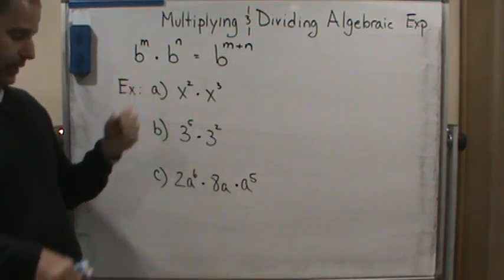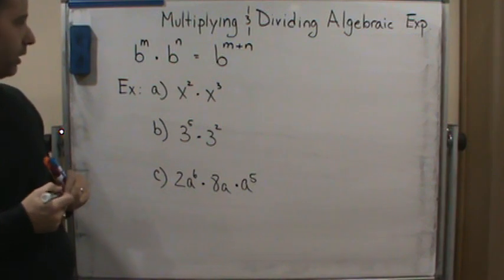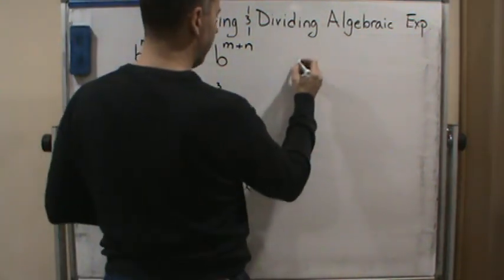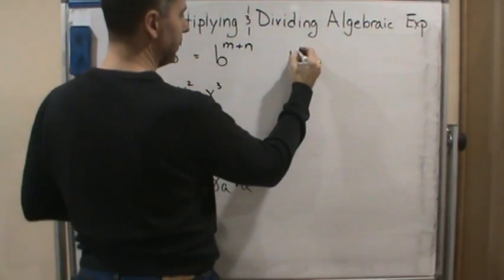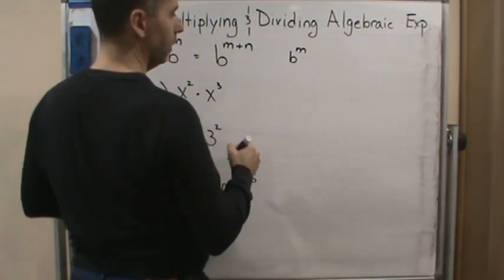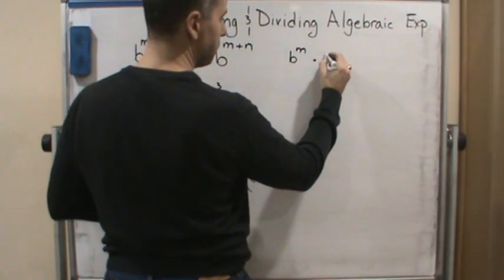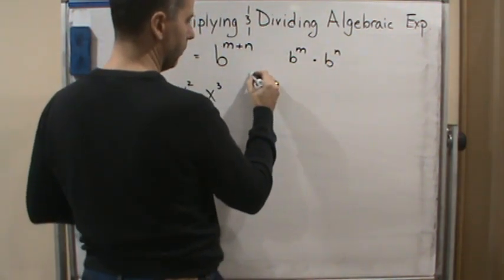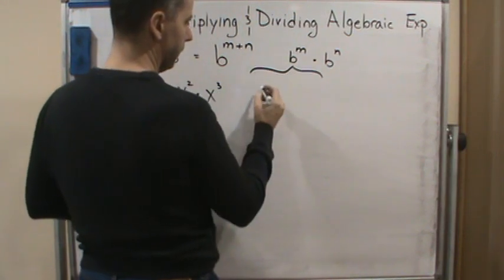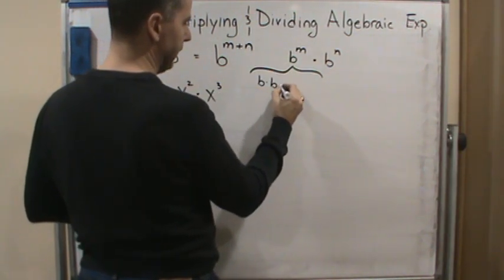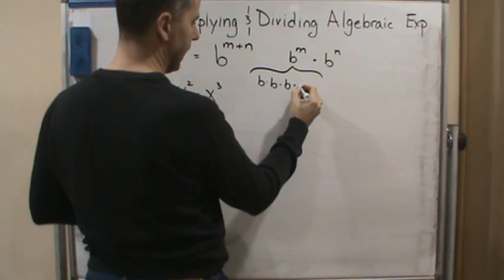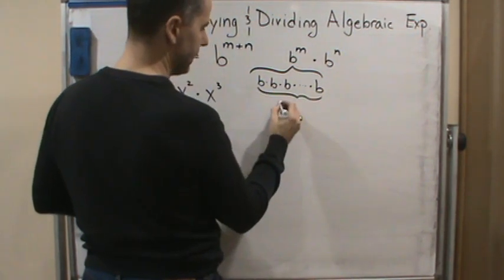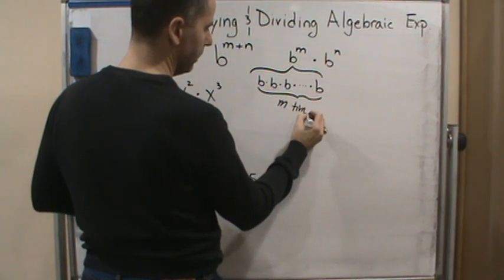So again, it's easy to show why. Because if we have b to the m times b to the n, what does this mean? This means b times b times b times dot dot dot times b, how many times? m times.